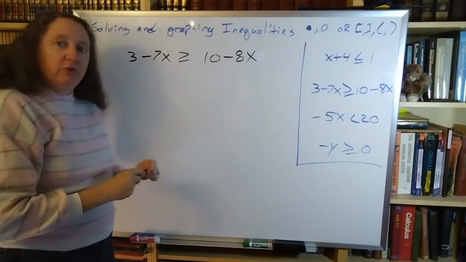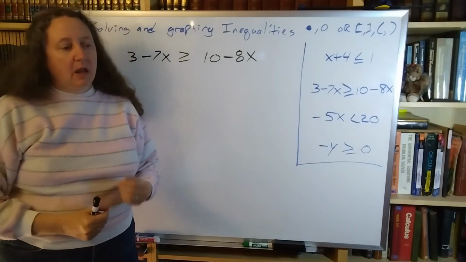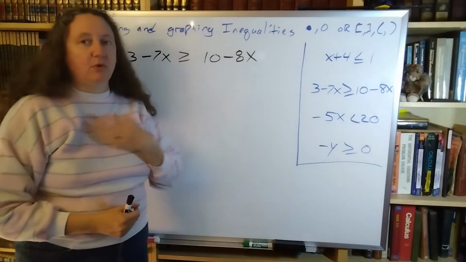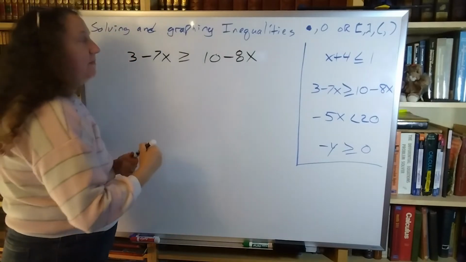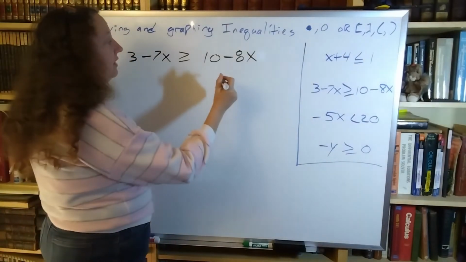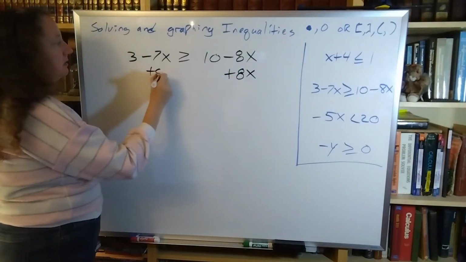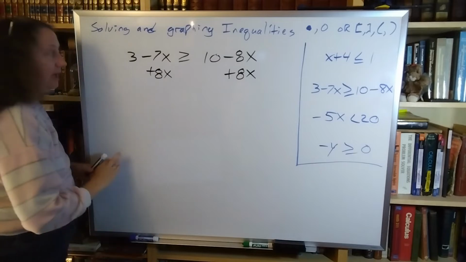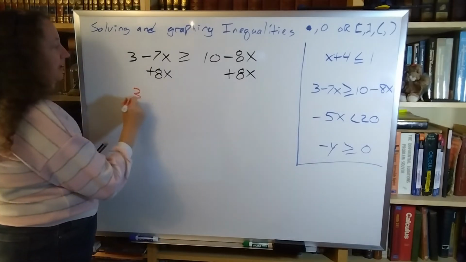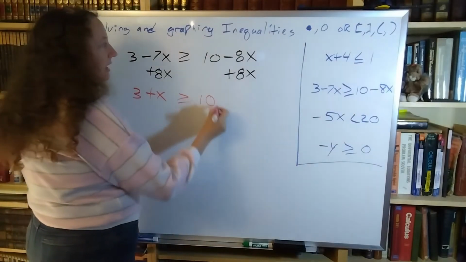I want to first get my letters all on the same side of the inequality. And I have a personal preference to have a positive coefficient. So my personal preference is I am going to add the 8x over. And now, after having done that, I have 3 plus x is greater than or equal to 10.